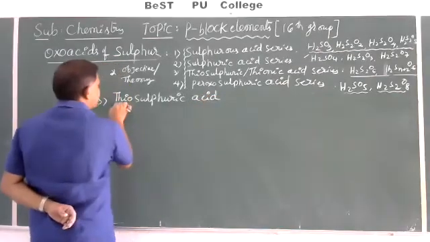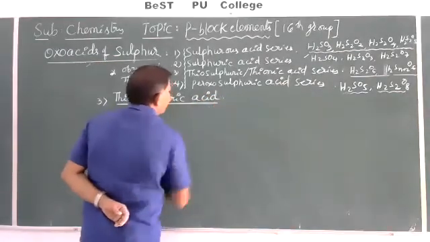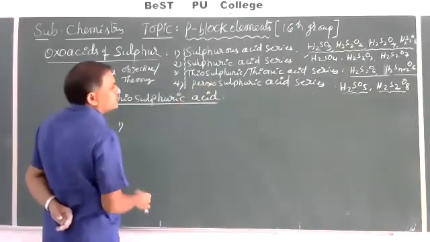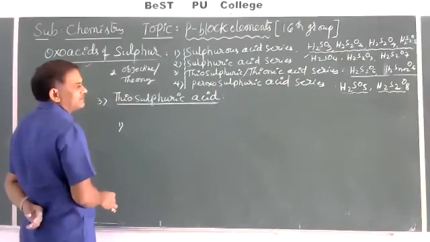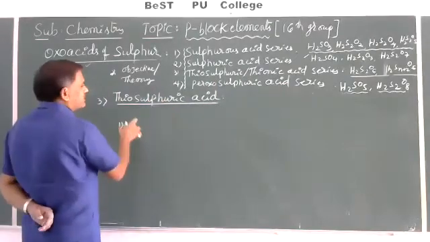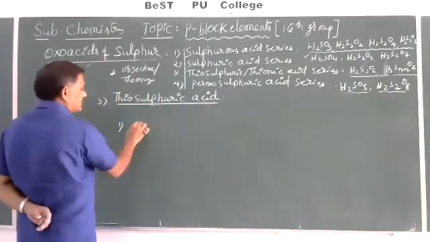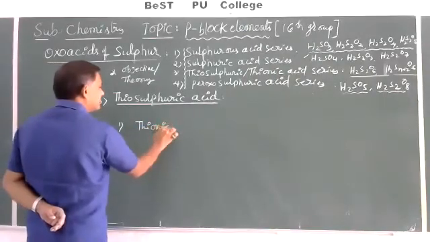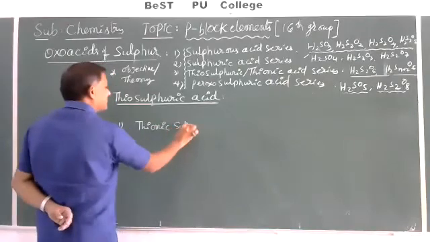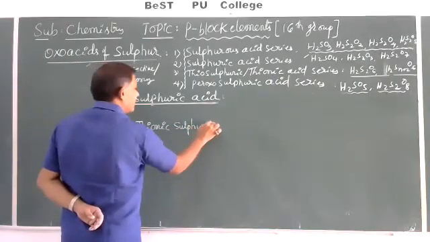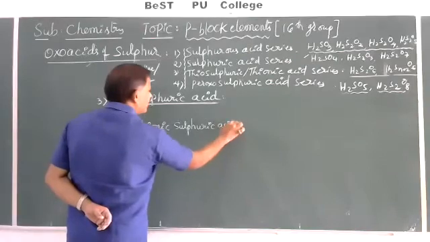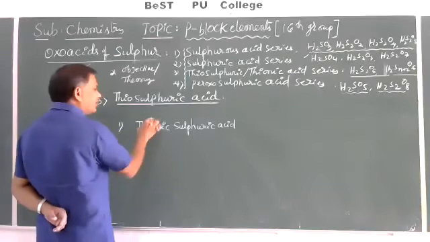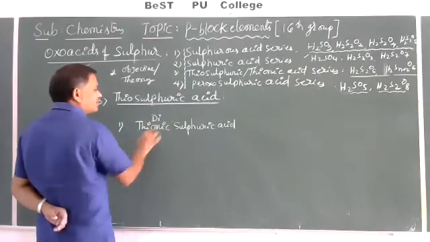First one is H2S2O6, that is thionic acid, or dithionic acid. This thionic, dithionic also we can use.